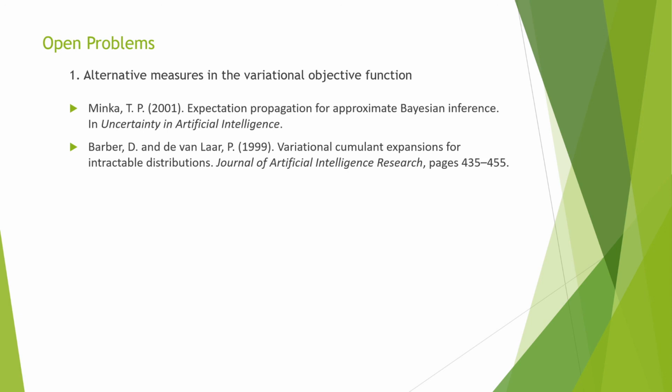The first area of interest is to find alternative measures in the variational objective function. The KL divergence seems to be a natural choice, but researchers are also trying to borrow ideas from it. For example, in the expectation propagation algorithm proposed by Minka, they use a similar but different kind of KL divergence. Some other works also focus on divergences that give us tighter lower bounds than ELBO for better approximation.